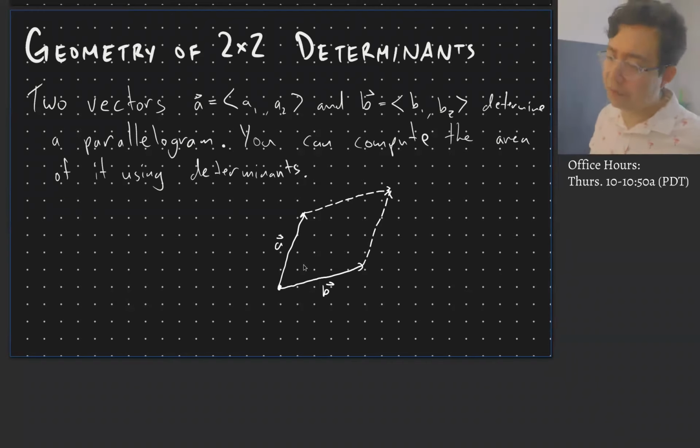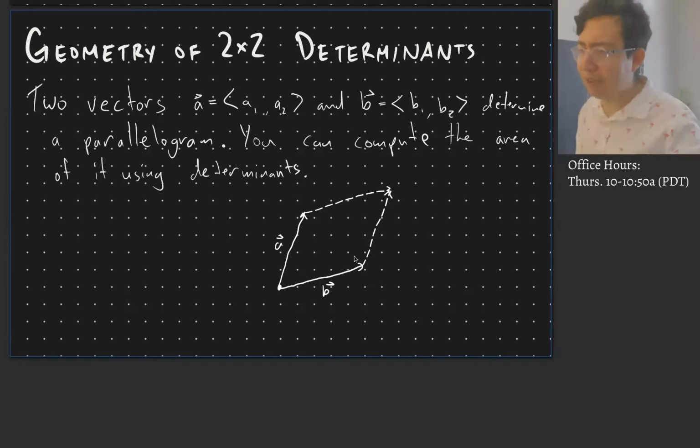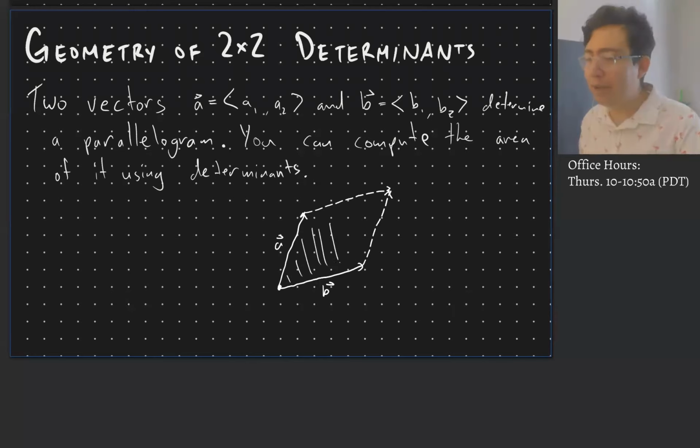And so you get this parallelogram, which maybe you've seen before, right? The diagonals of this parallelogram are A plus B and A minus B, if you remember from our arithmetic stuff. But basically, you get this parallelogram. And the question is, how do we compute the area of this parallelogram? Well, you have old school geometry ways, but in this case, it might be kind of hard to get the numbers you need for that. I guess the length of the base is not too hard, but then the height might be a little more difficult.